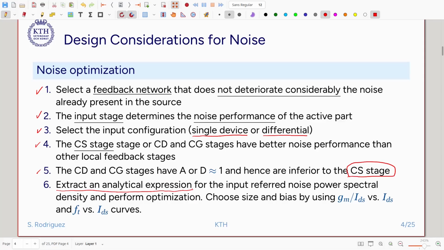For that, we have very nice tools that are going to help us, mainly the gm over ID method, in which we have fT curves, IDS curves, and also intrinsic gain curves at different current levels. So with those tools, we can find the sizes and bias of the input transistor.